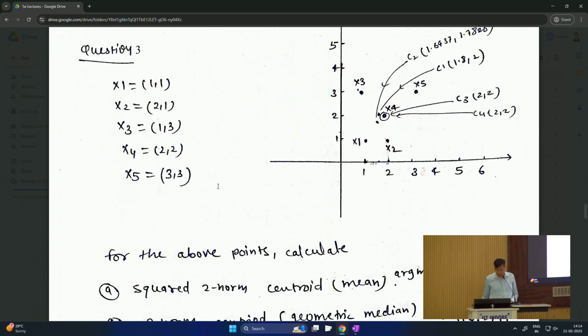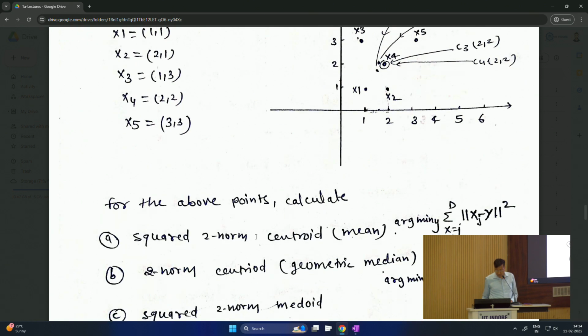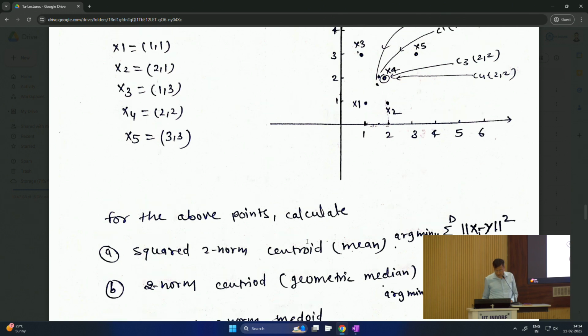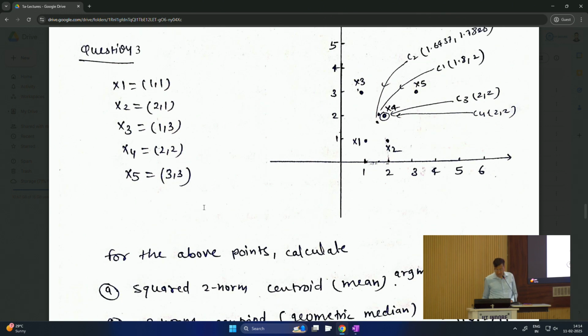Once you have written it down, then for this you have to find the squared 2 norm centroid. So what is the squared 2 norm centroid? Can somebody tell me?